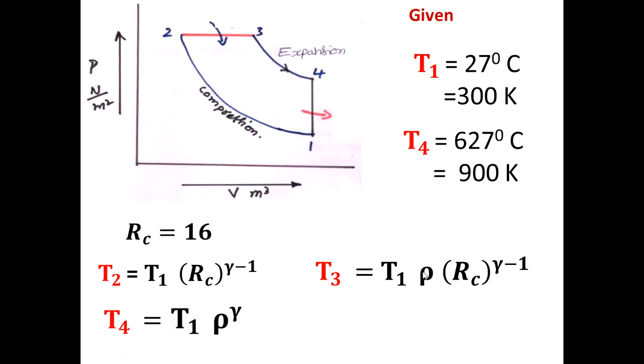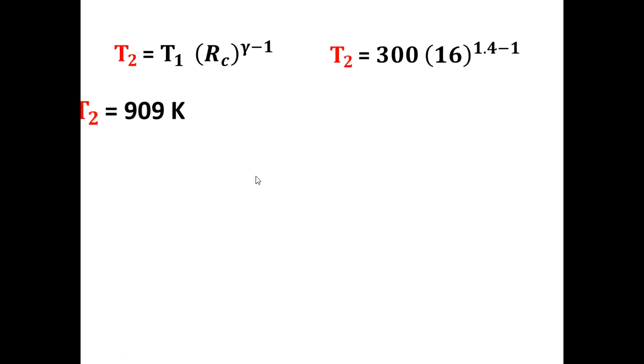The only thing you don't know is the value of rho. You know rc, and T4 and T1 you know easily. The gamma value need not be given, because gamma is 1.4. Put the gamma value and the rho value will come; it will be around 1.55 to 2.5 or 2.6. Then T2 is equal to T1 rc to the power of gamma minus 1, and you will get T2 as 909 Kelvin.